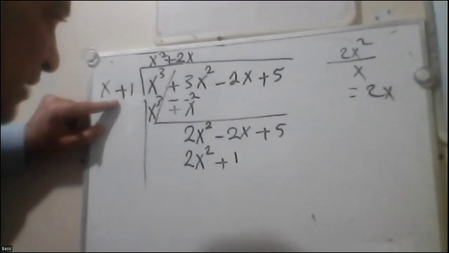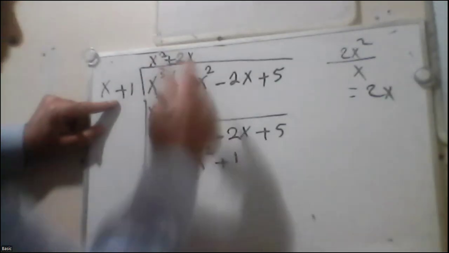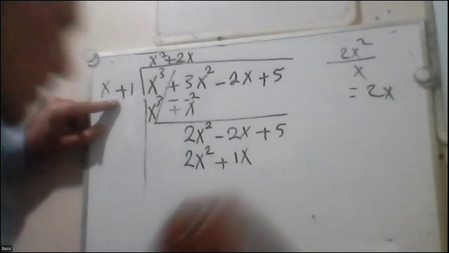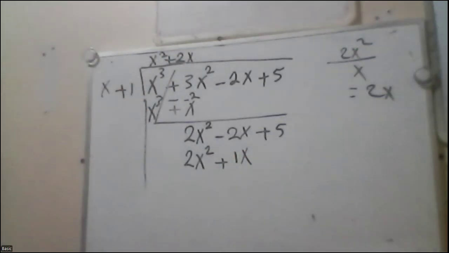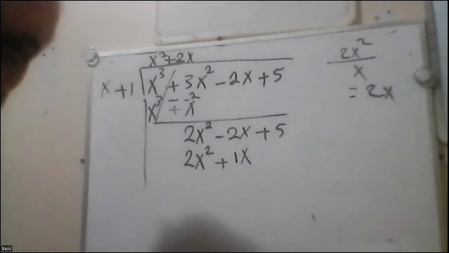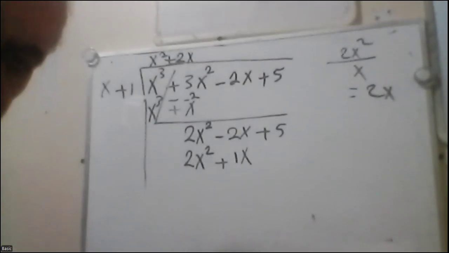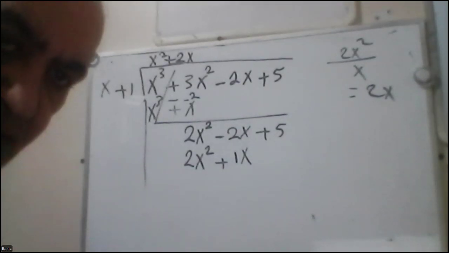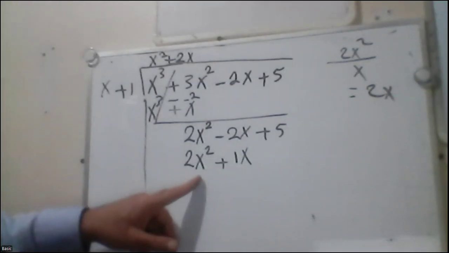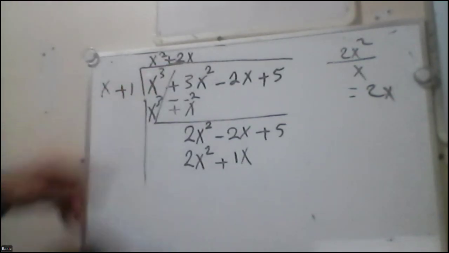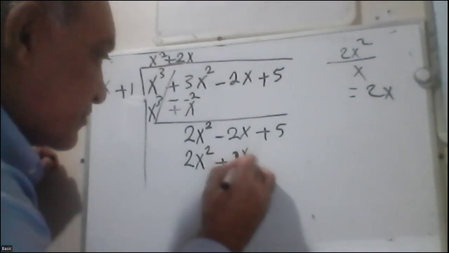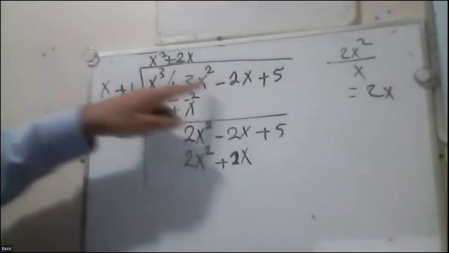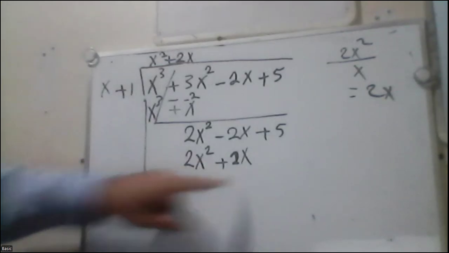Okay, guys? Here, 2x squared and 2x. 2x multiplied by 1 will give me 2x.